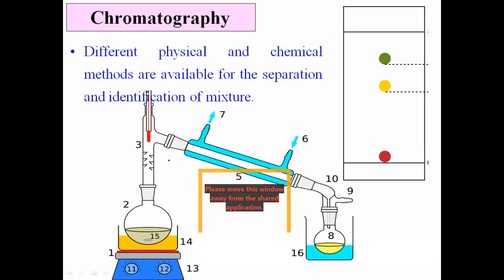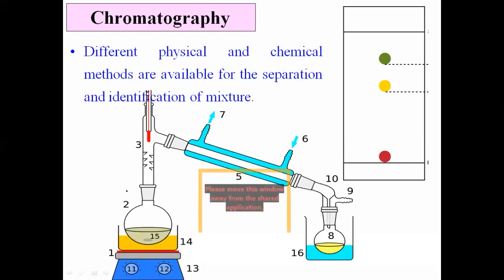We can use it for the separation of a mixture of two liquids. If the two liquids have different boiling points, we can separate them by distillation. By this physical method, we can separate two liquids having a large difference in their boiling points. Similarly, many chemical methods are also available.